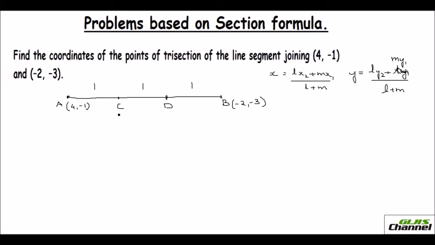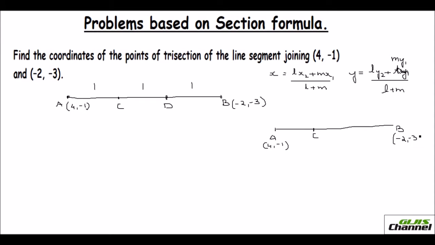While solving the problem, let me redraw this. First let's find C, and then we will go in for the D coordinates. For the time being, let us forget D. Just take A and B and the C part alone. Now I take this as my x1, y1, which is (4, -1), and x2, y2 is (-2, -3).